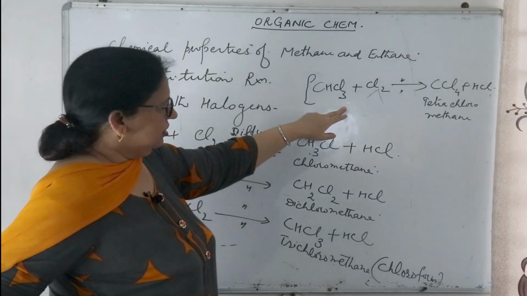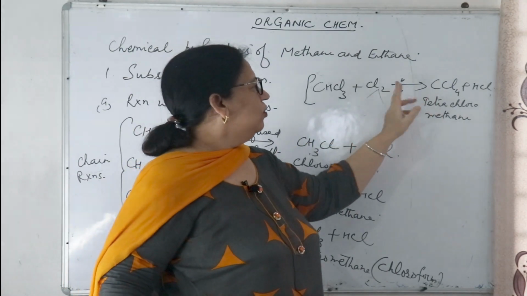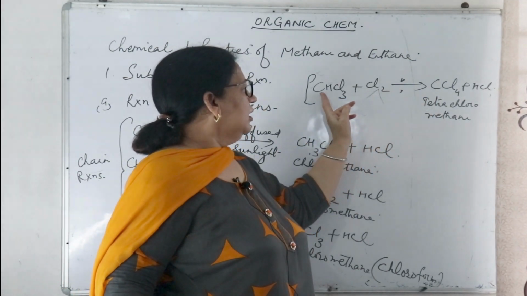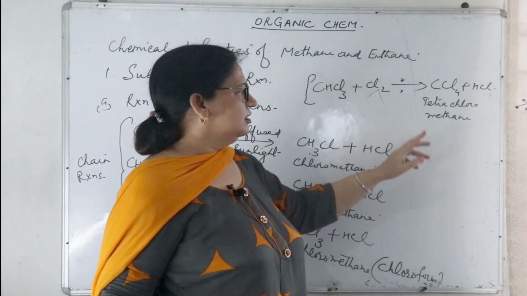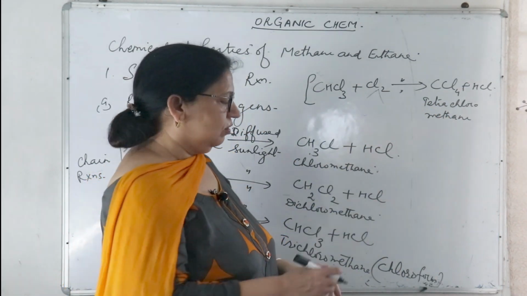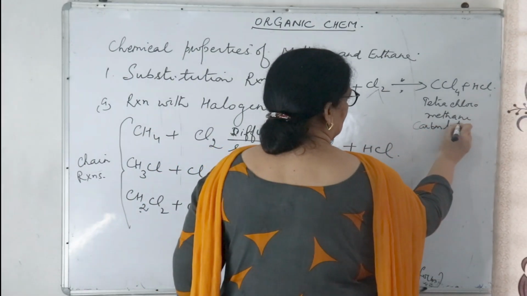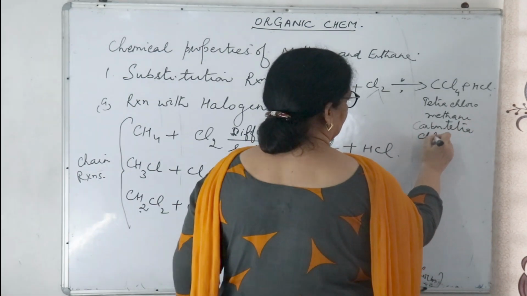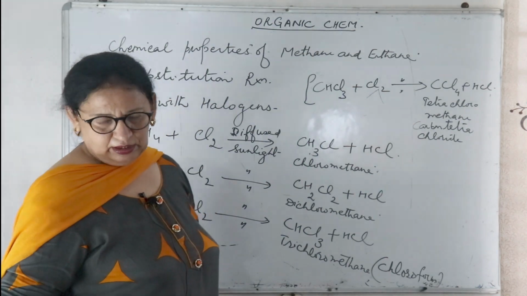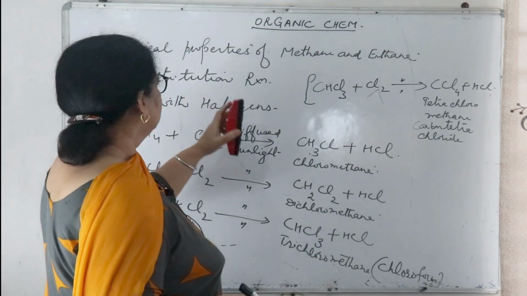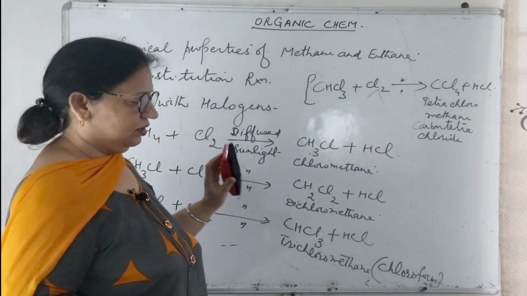Then CHCl3, trichloromethane, plus chlorine, again the last hydrogen is replaced, that will form CCl4 plus HCl, that is tetrachloromethane or carbon tetrachloride. So this is the substitution reaction. First is reaction with halogens.